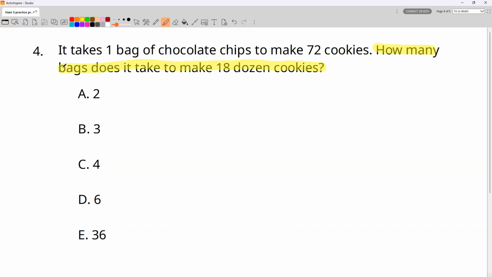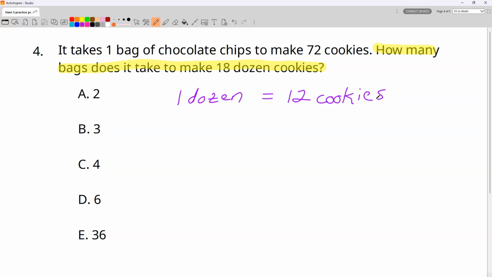Well, you need to know that 1 dozen equals 12 cookies. Now, this is something you'll just need to memorize. I don't believe this conversion is on the formula sheet. So 1 dozen is 12 cookies.